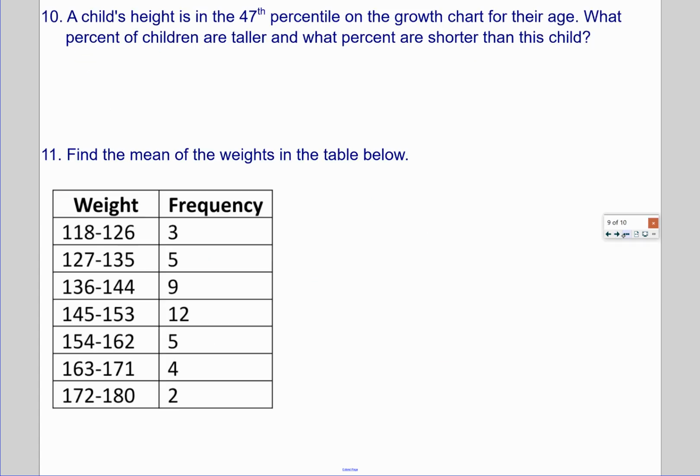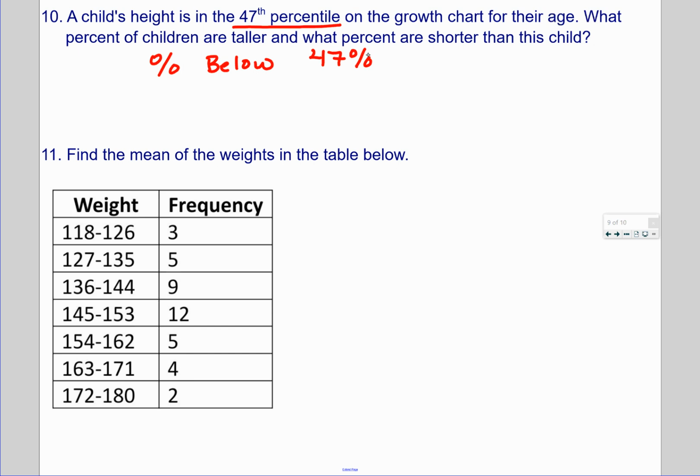All right. So number 10: a child's height is in the 47th percentile on the growth chart. What percent of children are taller and what percent of children are shorter than this child? When you are in a certain percentile, that exact number is how many are below you. That's how percentiles are measured. So the percent below this child is 47%, which means this child is technically number 48 in the list.